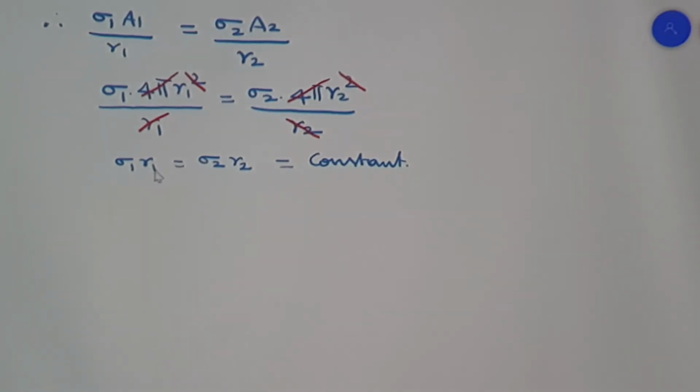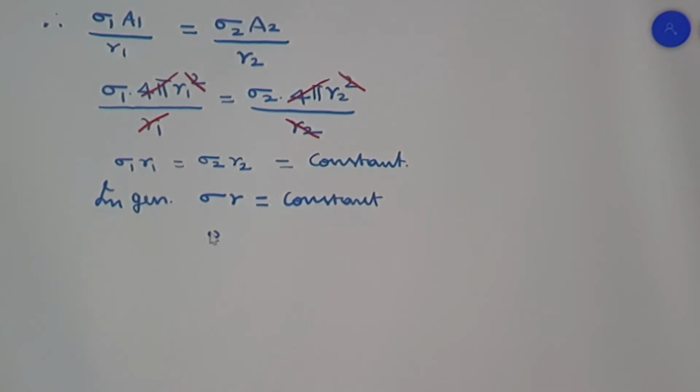So sigma 1 R1 value as well as sigma 2 R2 value are the same. So from this relation I can say in general, sigma into R, the product of surface charge density and the radius, is equal to a constant.